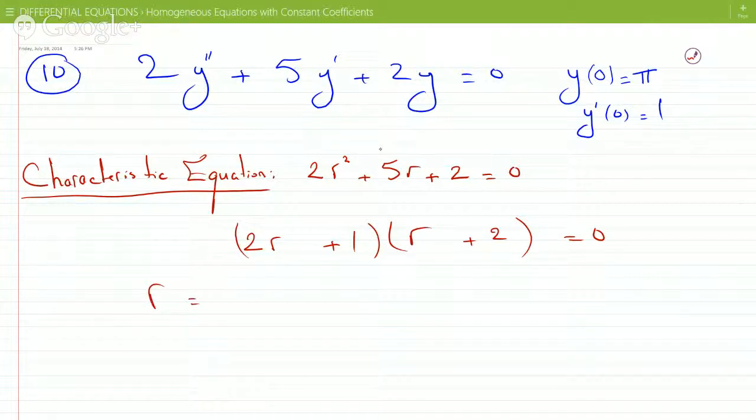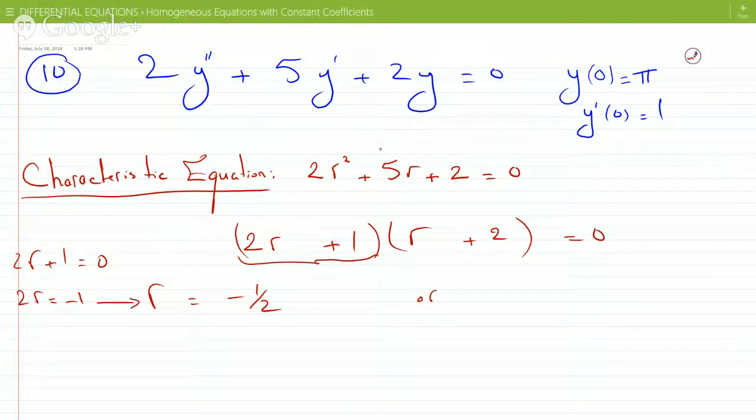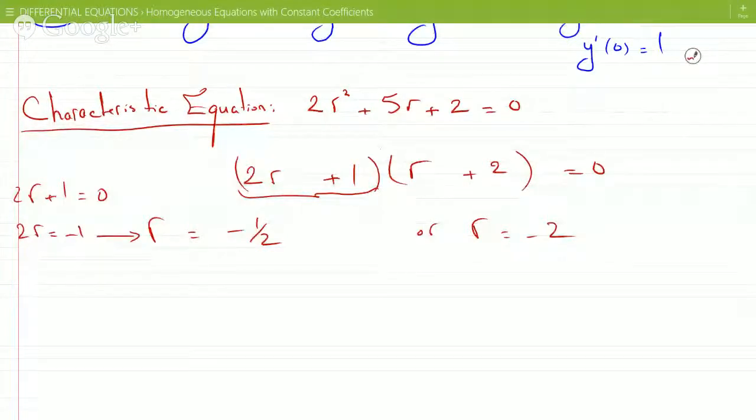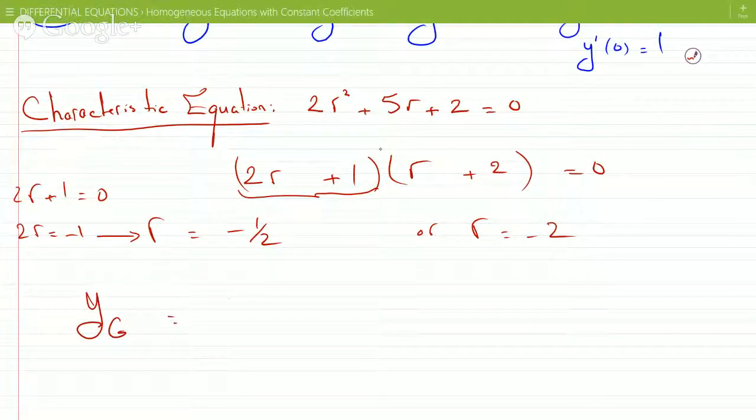So r is either minus half, because either the first one is 0, which gives us 2r plus 1 equals 0, which gives us 2r equals minus 1, which leads to this. Or the second one is 0, which gives us r to be minus 2. And as you know, since these are real roots, the general solution, which is actually the complementary general solution, because this is a homogeneous differential equation, will be C1 e to the minus 1/2 x plus C2 e to the minus 2x.